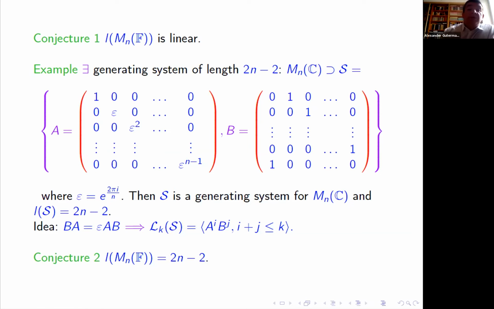But there are two conjectures. The first one is that the length is linear, and the second one is that the length is that particular function. So there are different works, a number of bounds, but the conjecture is very interesting and still open.